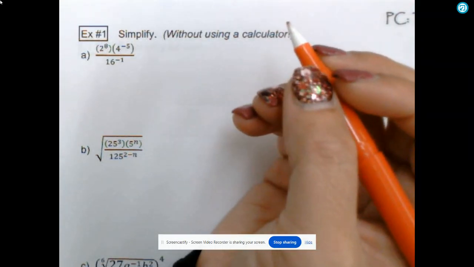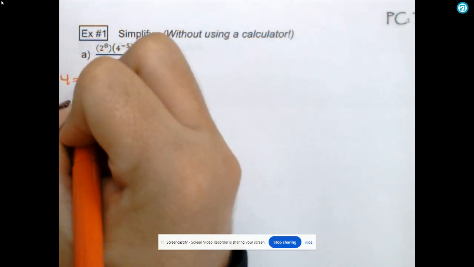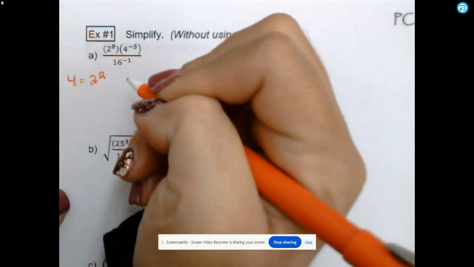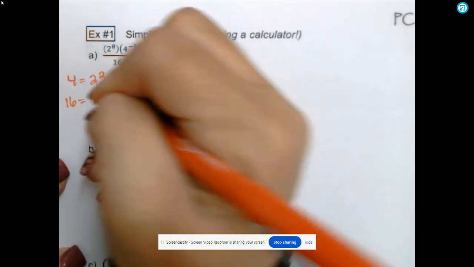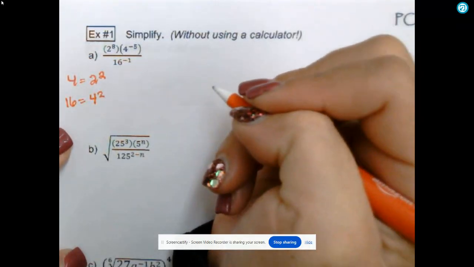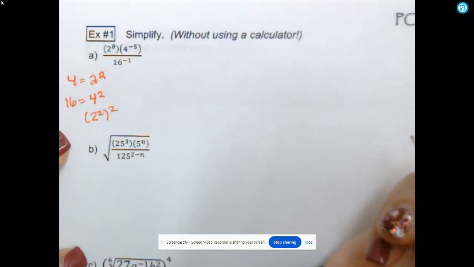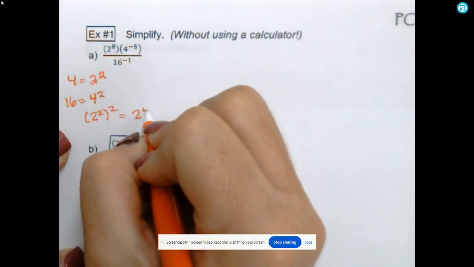I'm going to write it over here to the left just to understand. 4 is the same thing as 2 squared. 16 is the same thing as 4 squared, right? Well, we just said 4 was the same thing as 2 squared, and power to a power means that's the same thing as 2 to the 4th.